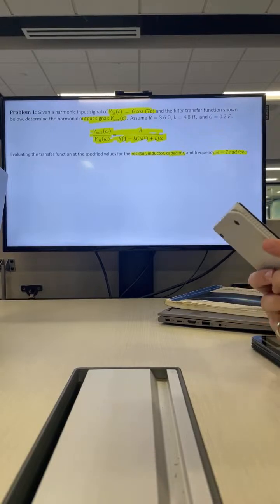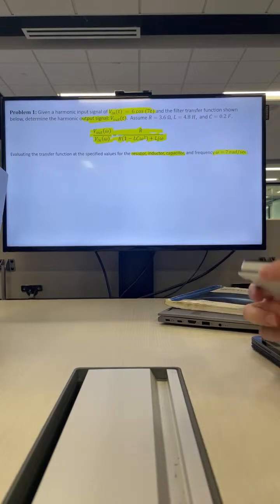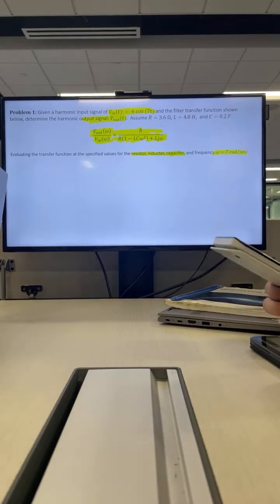I would think you could potentially get a direct V out function by multiplying V in by this and just keeping that 6 cosine of t. But if we want to change the trig function and do the phase shift, my best bet would be to put it into both the magnitude and phase versions and work from there.